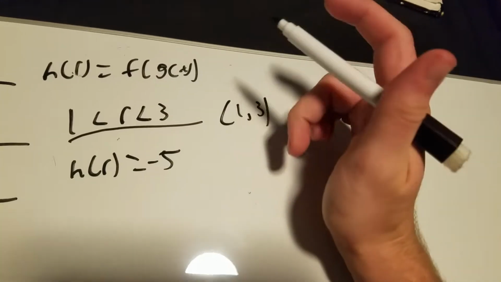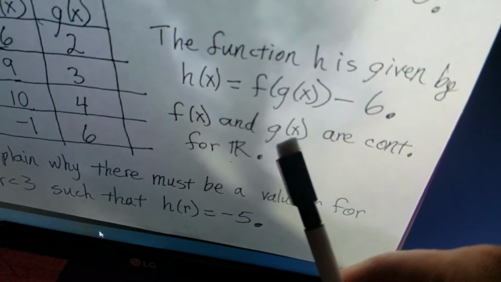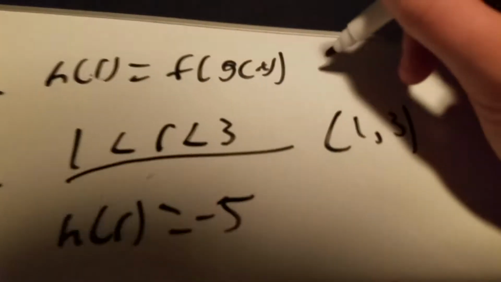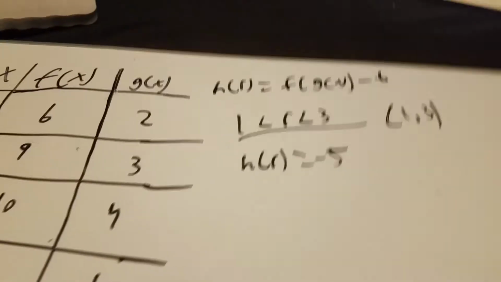So how we would do that is, well, basically what it gives us is that f of x and g of x are continuous for all real numbers. And I forgot to add the -6 on here. Was it a -6? It was a -6.